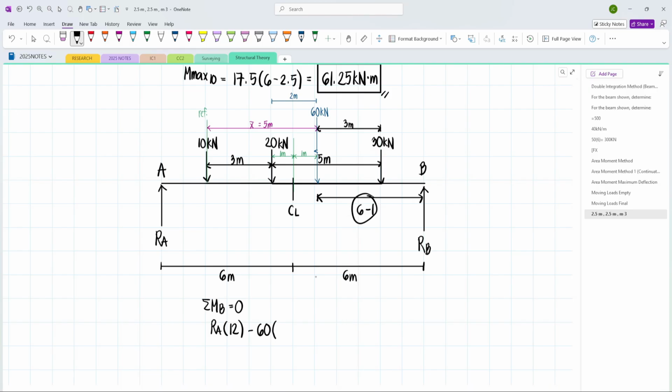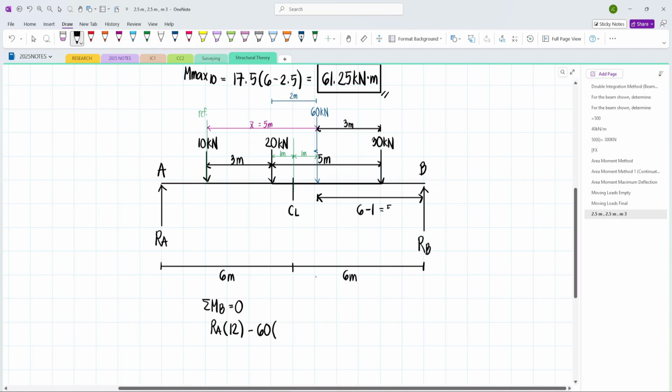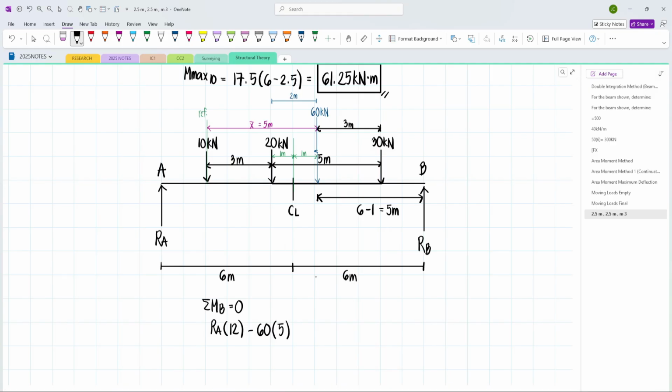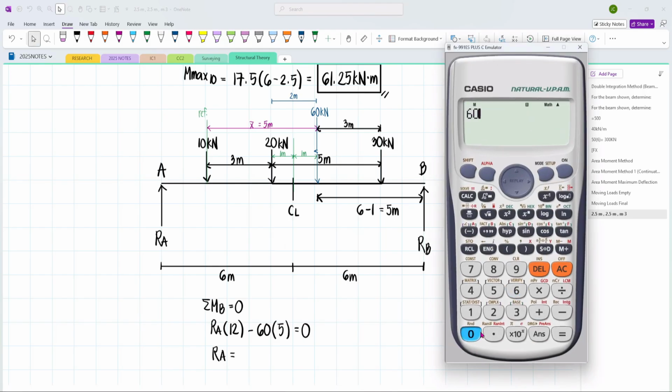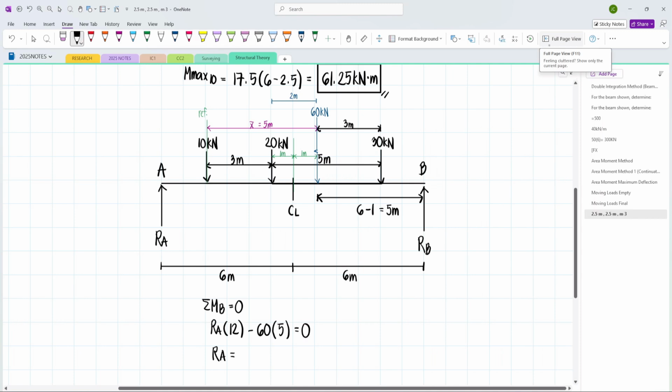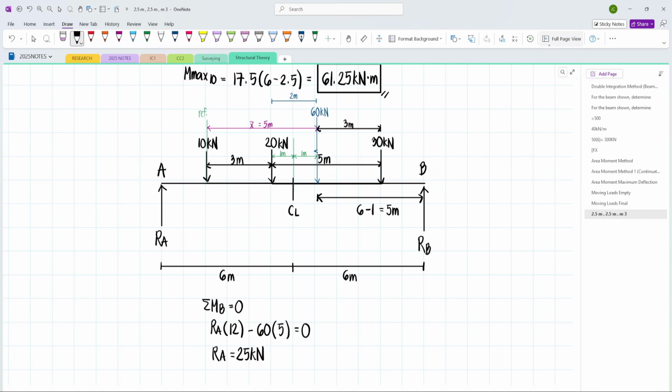Or this is 5 meters. So, 60 times 5. Equate natin to 0. So, solving RA, we have 60 times 5 divided by 12. Ayan. So, we have 25 kilonewtons.